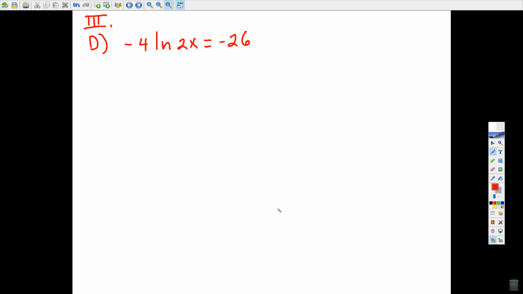What does my first move need to be in this problem? Let's see if Abby can help us with that. Good call. Divide by -4. That takes care of this number being multiplied in front of the natural log.